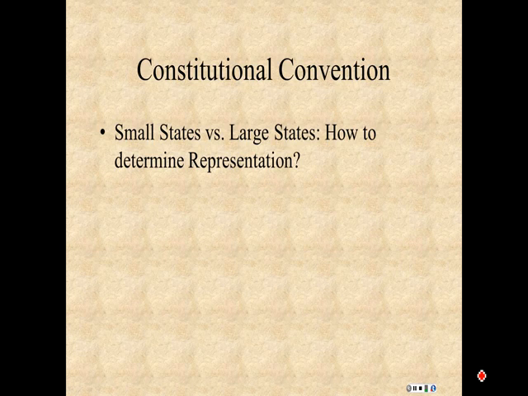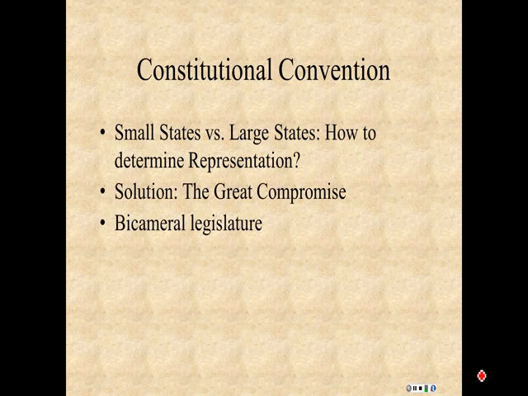So, problems and resolutions: small states versus large states. This was a big problem. The solution was the so-called Great Compromise, which created a bicameral legislature, which gave every state 2 seats in the upper chamber, the Senate.